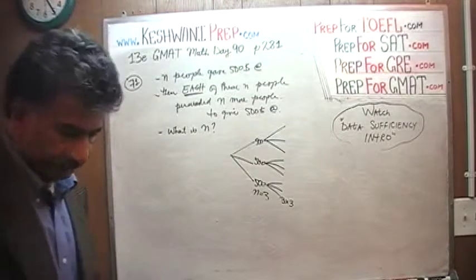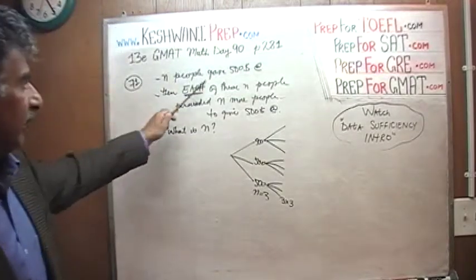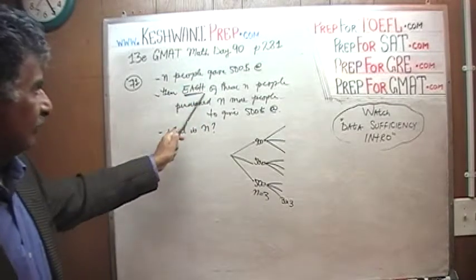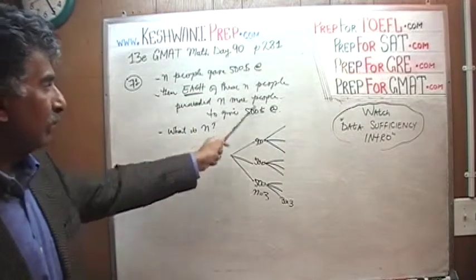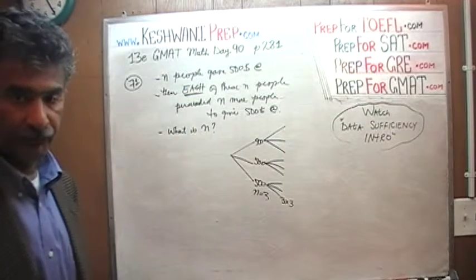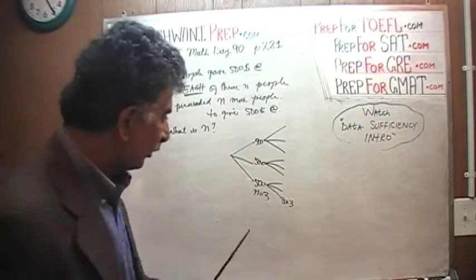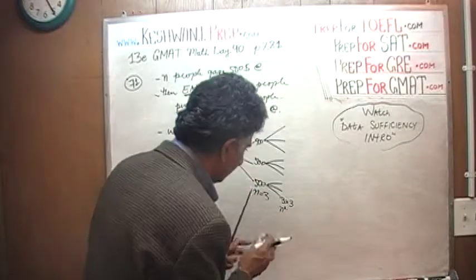It says N people gave $500 each. N in this case is 3. And then each of these three people persuaded three more people each to give $500. So the number of people that we have is N in the first round, and then N squared in the second round. This is N times N, or N squared.